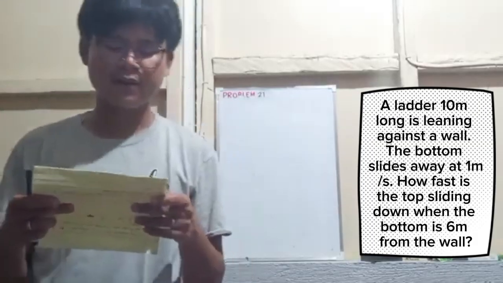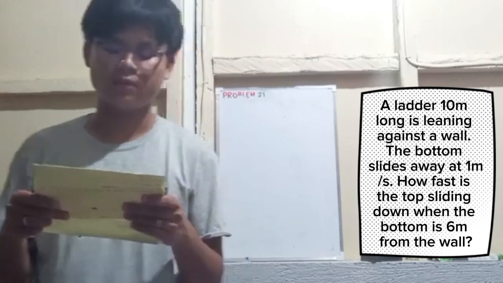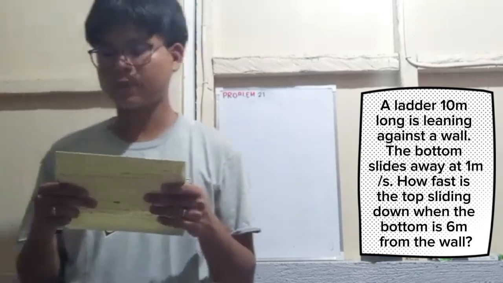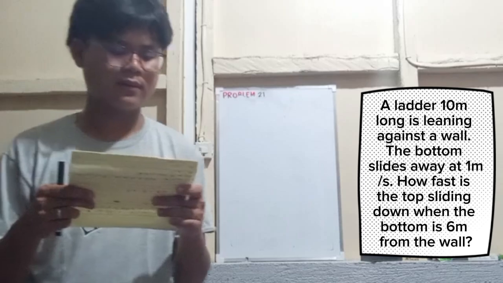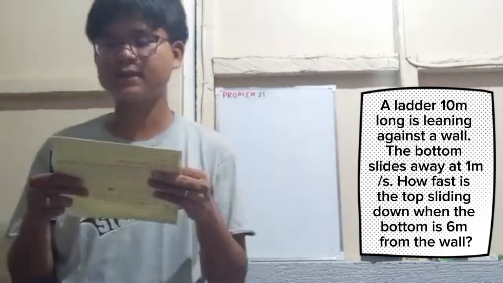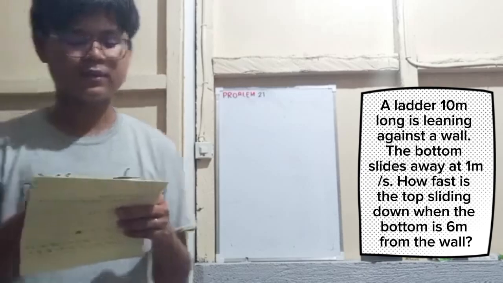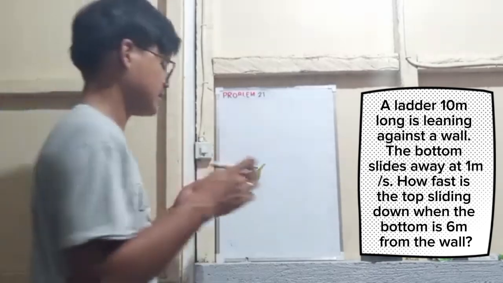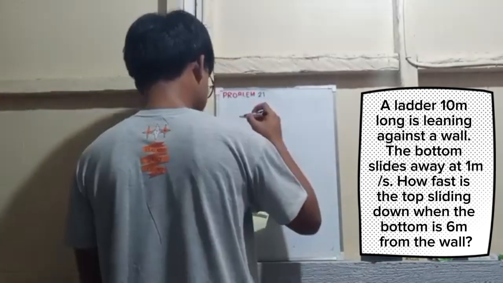A ladder 10 meters long is leaning against a wall. The bottom slides away at 1 meter per second. How fast is the top sliding down when the bottom is 6 meters from the wall? So we'll draw what is said in the problem.